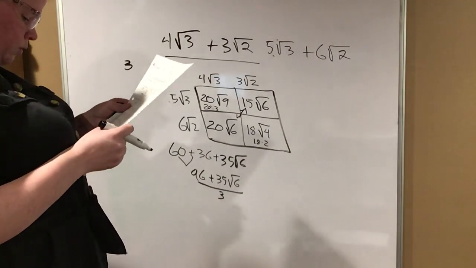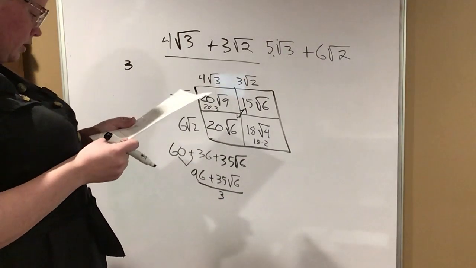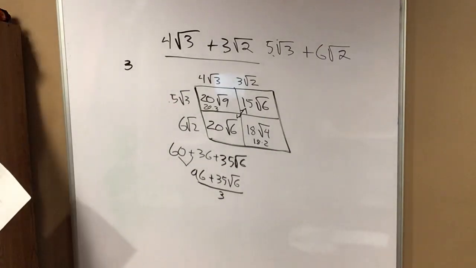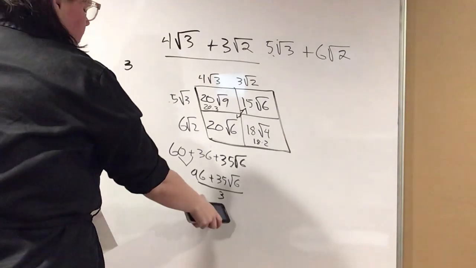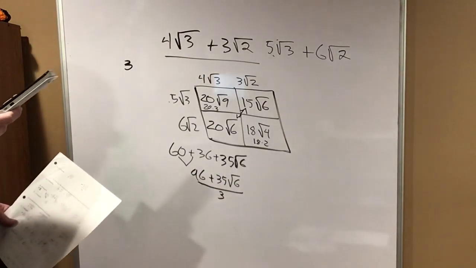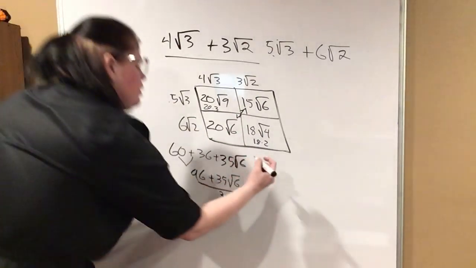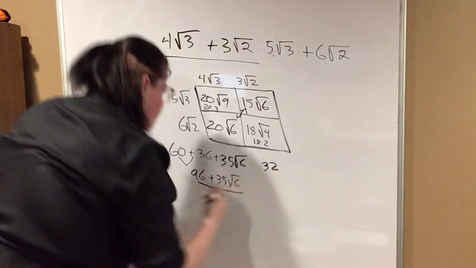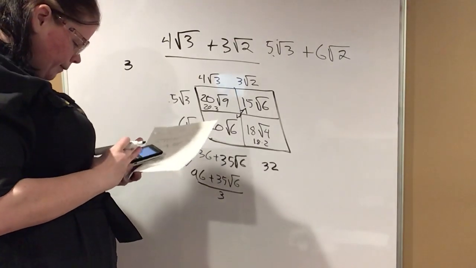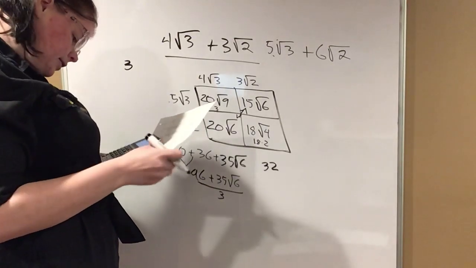Well, we're not quite done because we can actually simplify. Because you're going to take this 3, and if you can divide it into both, then we can actually simplify. So 96 divided by 3 is 32. 35 divided by 3. Wow, so never mind, that was off.